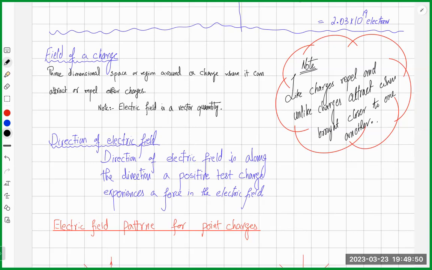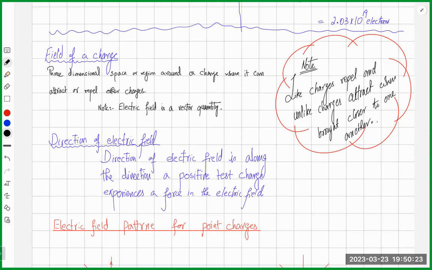Either you have done it to your younger siblings or your elder siblings have done it to you. So a magnet on top of the table is affected by another magnet on the bottom side of the table, and they attract or repel one another. Such forces that do not require physical contact are called field forces.